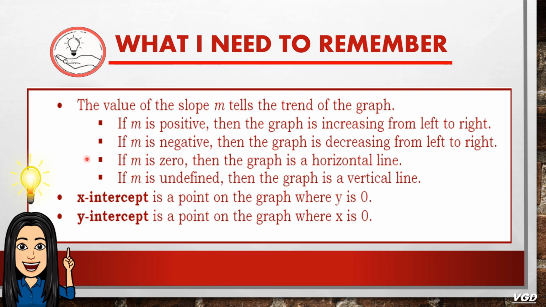If m is 0, then the graph is a horizontal line. If m is undefined, then the graph is a vertical line. And take note that the x-intercept is a point on the graph where y is equal to 0, and the y-intercept is a point on the graph where x is 0.